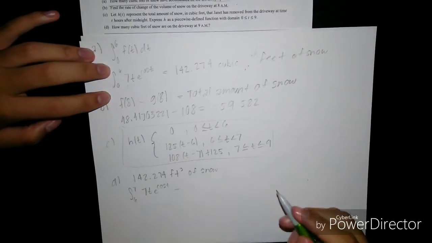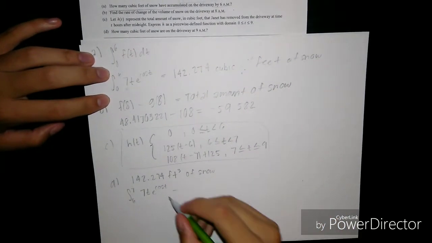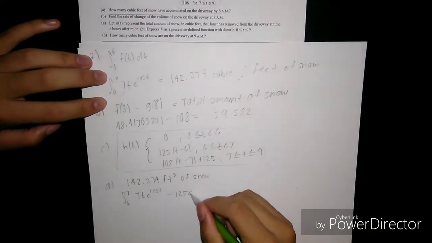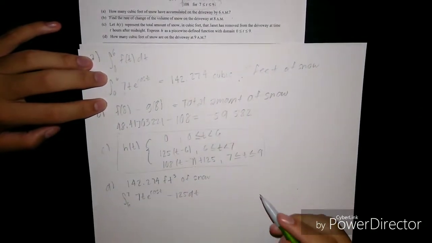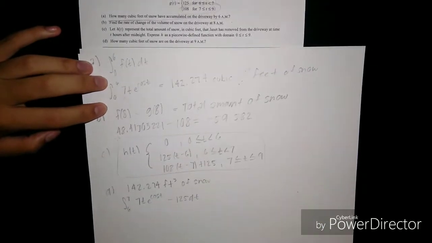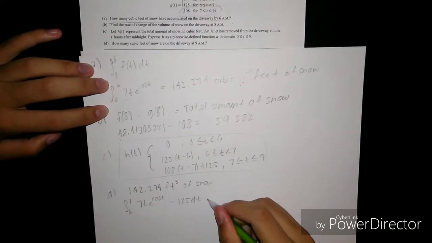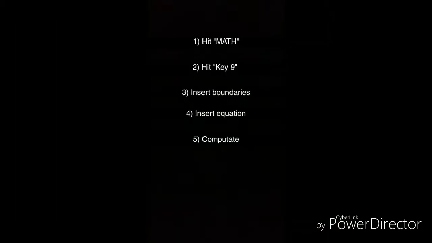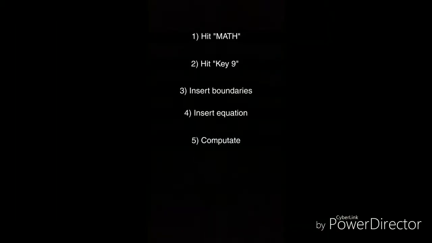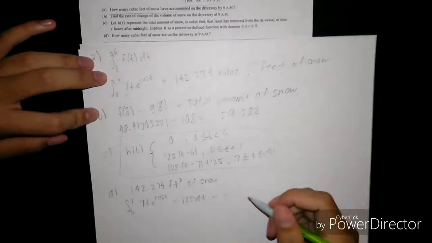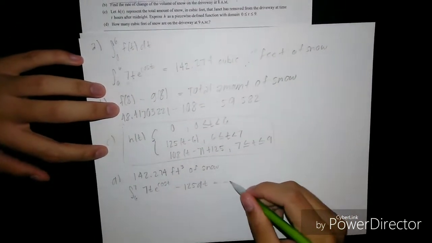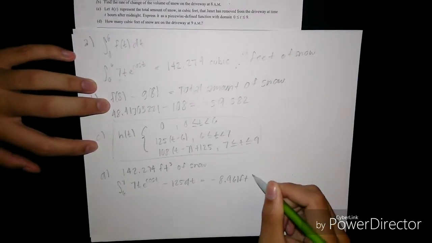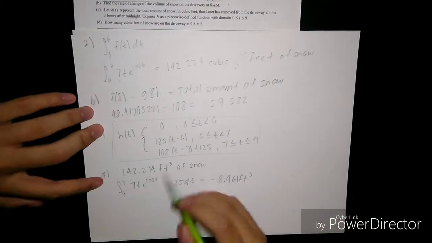But we also have to subtract the amount of snow that Janet removed from the total amount of snow that fell on that interval. Now this is a calculator problem. So just go ahead and plug this into your calculator and you will get negative 8.961 cubic feet of snow. That is from 6 to 7.